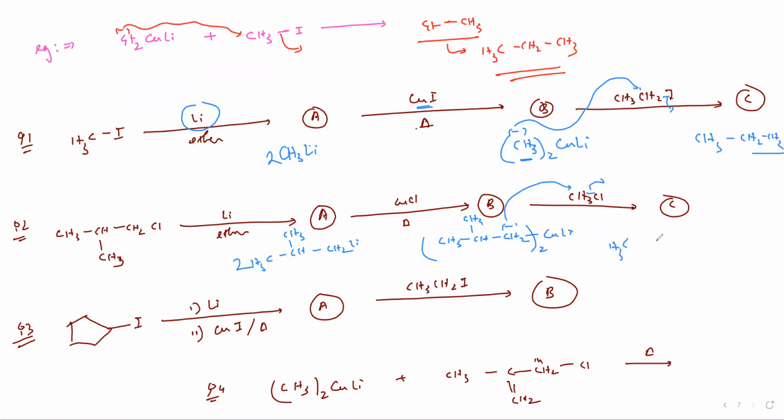So what you get, CH3, CH, CH3, CH2, CH3. Okay. Whole 2 CuLi attacked here, this one, CH2, CH3. In this case, negative charge, there is an exception.